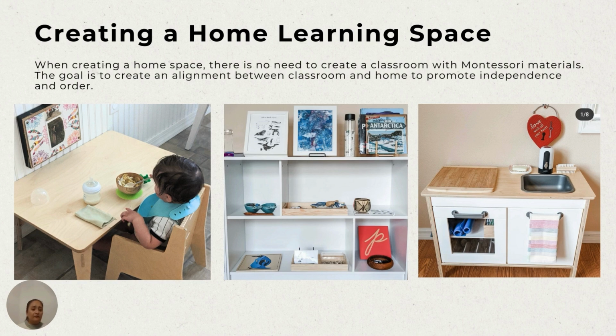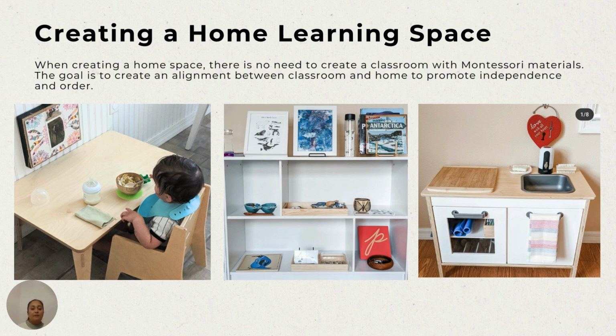So having that simple small table and a chair, clean table and a chair for them to sit, perhaps look at some piece of art while they're eating, is very important for them to learn how to be self-sufficient and have that sense of autonomy.